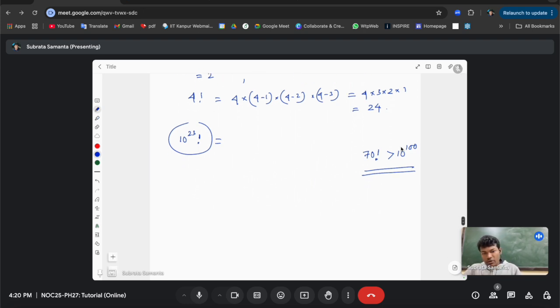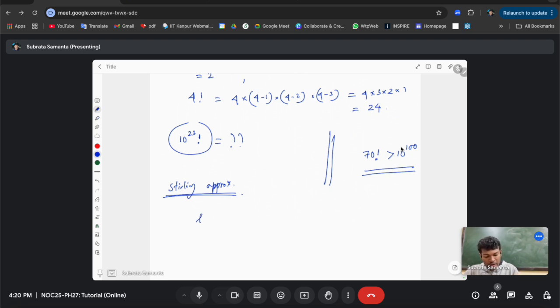So there is an approximation called the Stirling approximation. It tells you that when such a large factorial comes, we take the logarithm.